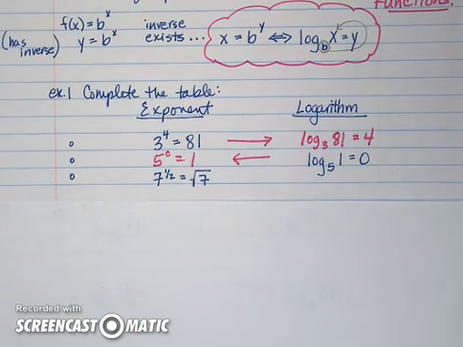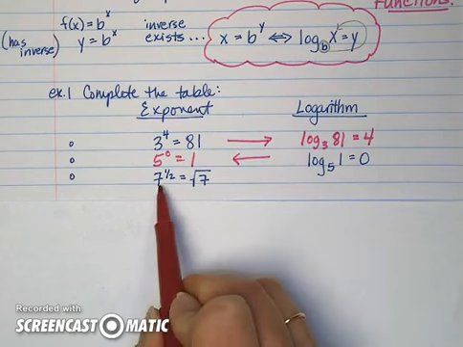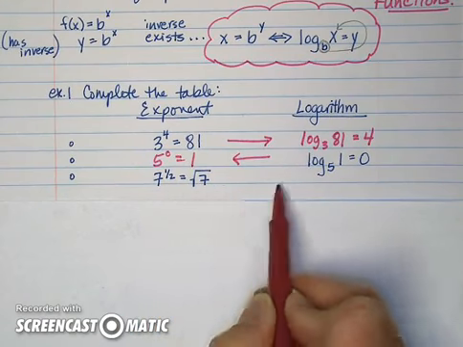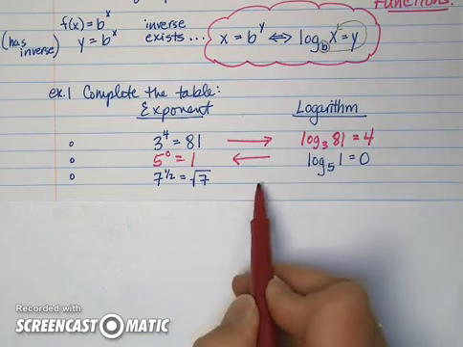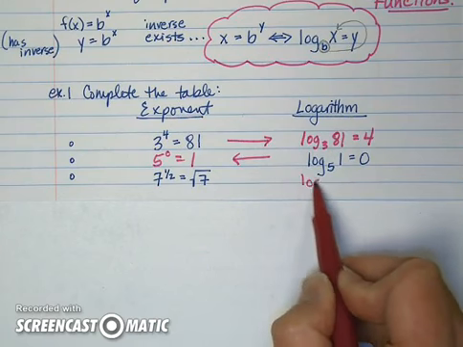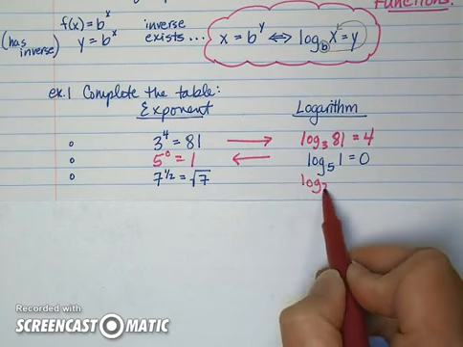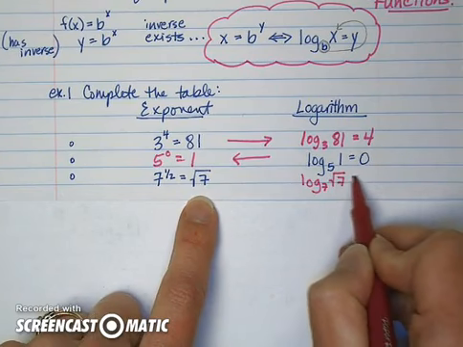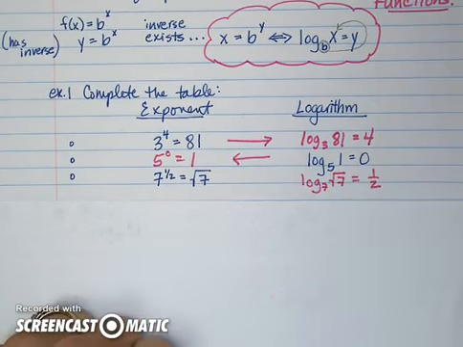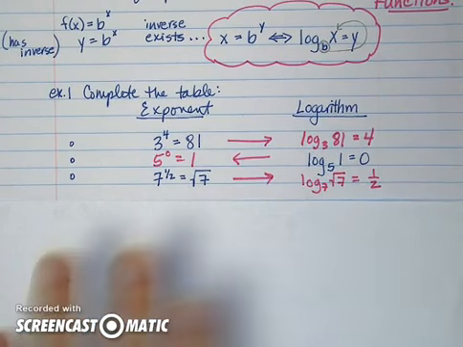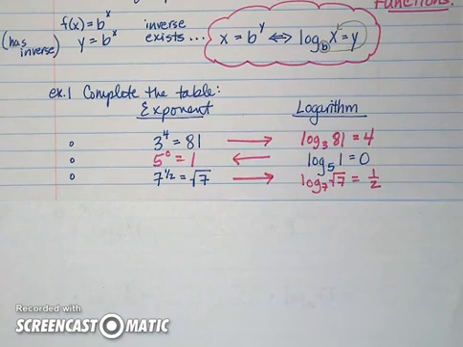If we have 7 to the 1/2 equals the square root of 7, yes, we know that, but if we want to write it as a logarithm, then we have the base of 7, so we have log base 7 of the square root of 7 equals 1/2. Some of this should be a little bit of review, going back and forth between logarithmic and exponential.